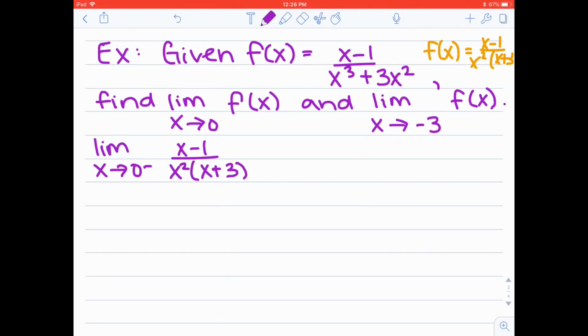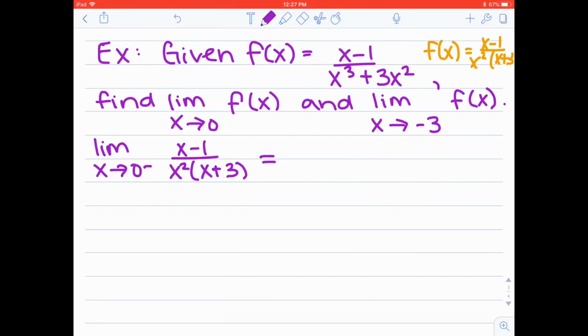And here, remember, this is a situation where our answer is going to be a positive infinity or a negative infinity, because that's what happens with vertical asymptotes. And so that's why it's important for us to do this left-hand limit and right-hand limit, because we have to know if the left hand is positive infinity or negative infinity, and if the right hand is positive infinity or negative infinity, and then if they agree with each other or not.